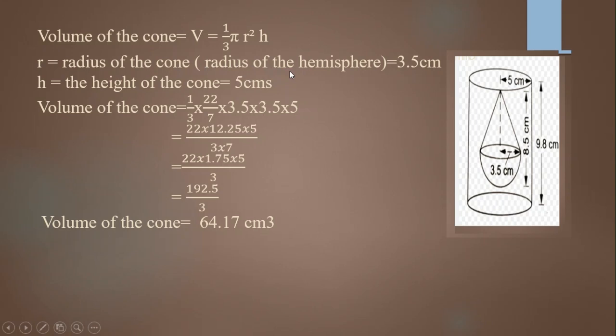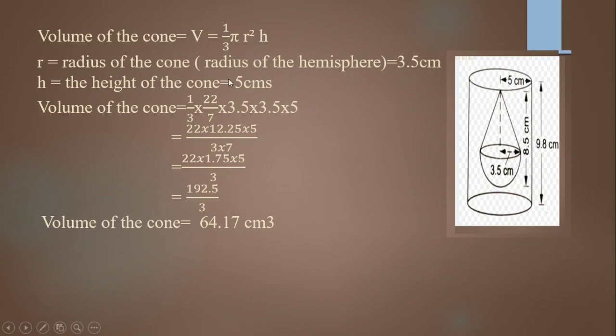This point should be clear here, because the cone is mounted on the hemisphere and the radius of the cone is not particularly mentioned in the problem. So we get the radius of the cone by taking the radius of the hemisphere itself. What is the radius of the hemisphere or the cone? 3.5 centimeters. And h is 5 centimeters, the height of the cone.